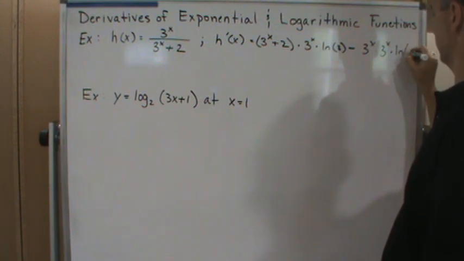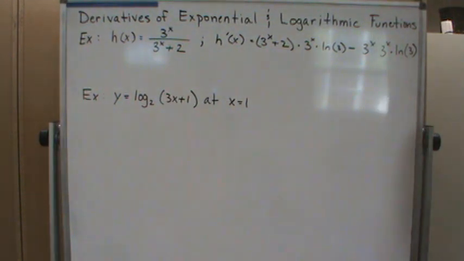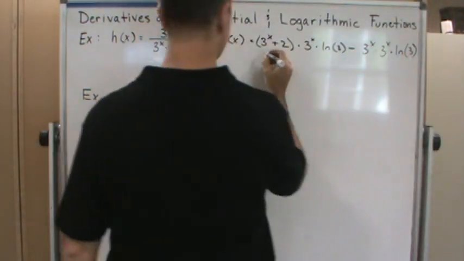The natural log of 3. Okay. So now, then we have the bottom squared.